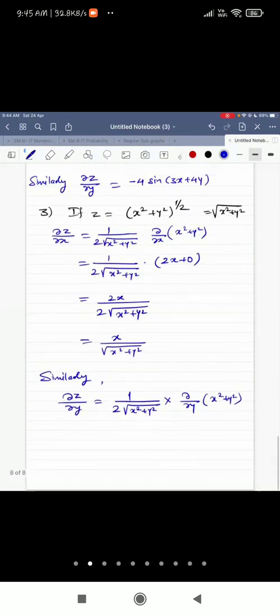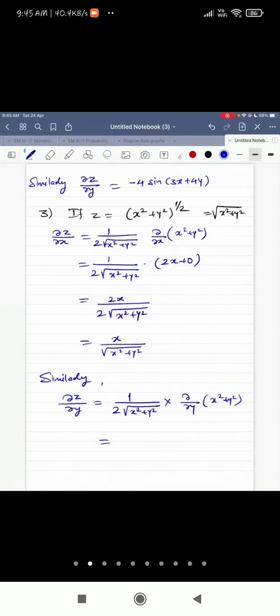So dabba by dabba y of x square plus y square is, x square has derivative 0, y square has derivative 2y. So it is 2y upon 2 root x square plus y square, 2 getting cancelled. So answer is y upon root of x square plus y square. This is dabba z by dabba y.